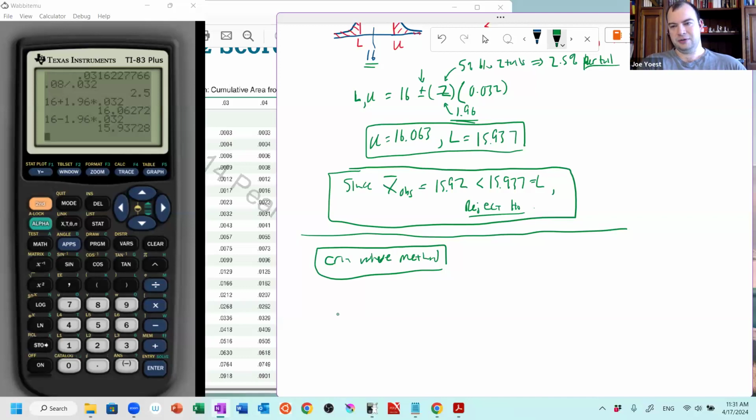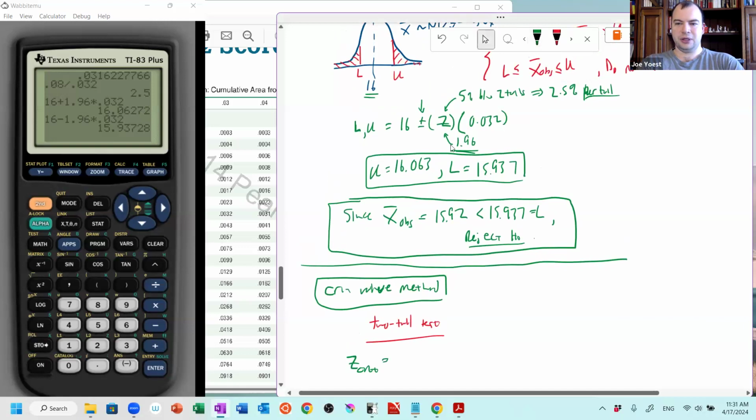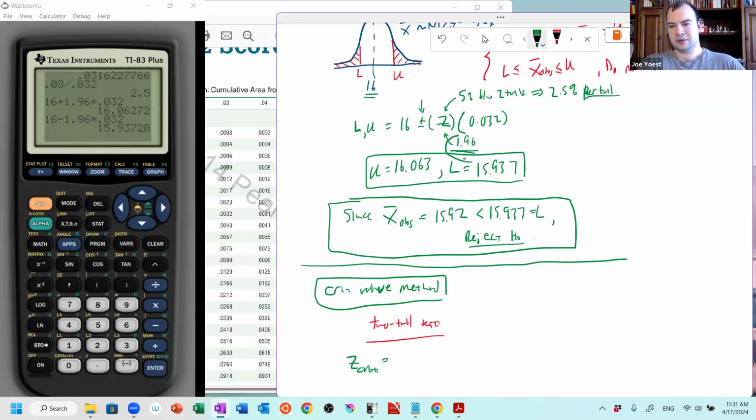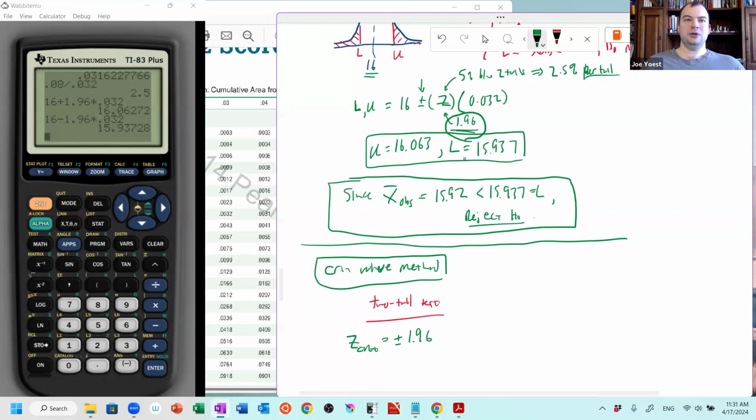So here I can say for this two-tail test, Z critical is plus or minus 1.96. I have two critical regions, one to the left of negative 1.96 and one to the right of positive 1.96, for X bar observed that are far to the left or far to the right, respectively.